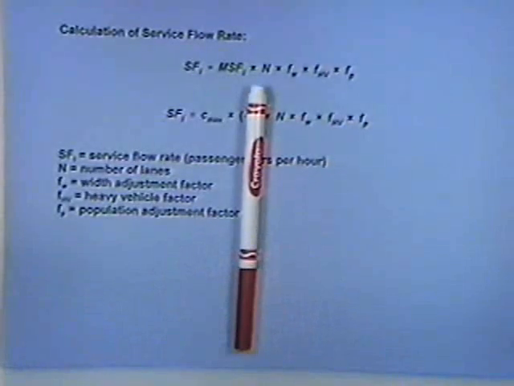Remember, we talked about capacity under ideal conditions. Well, we've got to adjust for those things that aren't ideal. So that's what you see, all the factors there. The first factor, the capital N, is the number of lanes that are available for traffic. Then we have factors to adjust for lane width that may not be ideal. We have factors to adjust for the number of trucks and buses in the traffic stream, because those are going to limit our capacity.